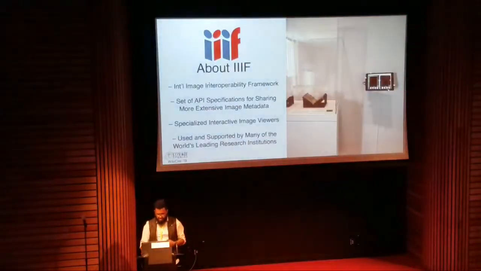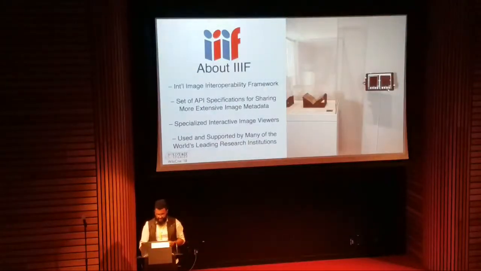For the sake of time, I'll rush through these slides so I can do a demo. IIIF is a standardized set of APIs that allows us to connect images from other sources in a very controlled fashion, and there are viewers on top of them, and I can demonstrate some of the benefits.